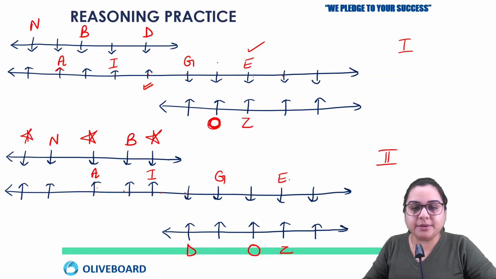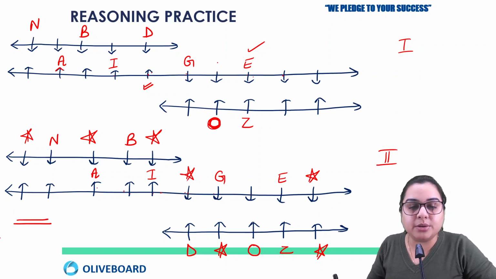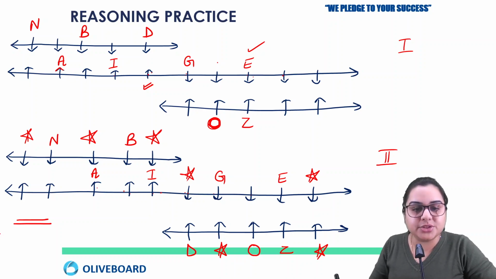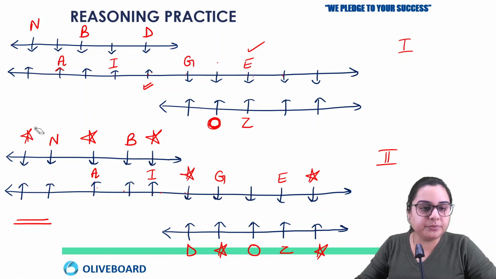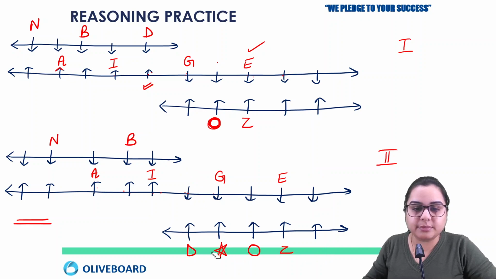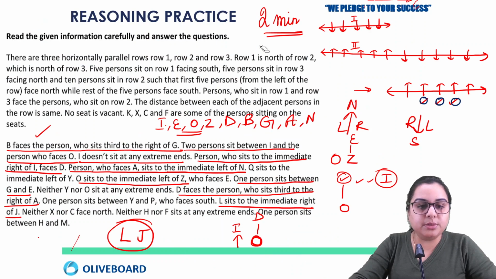Okay. Now in the second row, here I cannot write L and J, here I cannot write L and J, here I cannot write L and J. So L and J can be written only on these two positions. Okay, so what is the information about L and J?